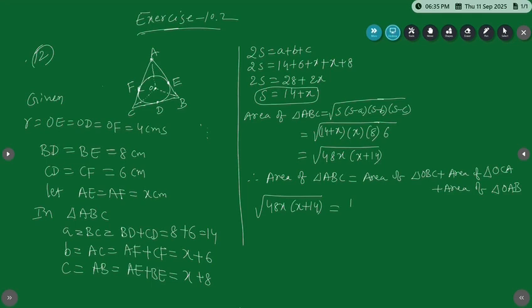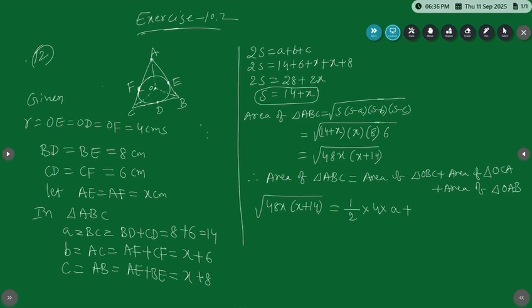The area formula is half into height into base.